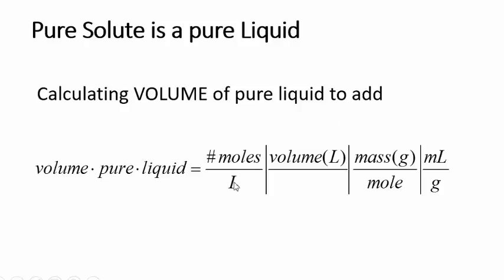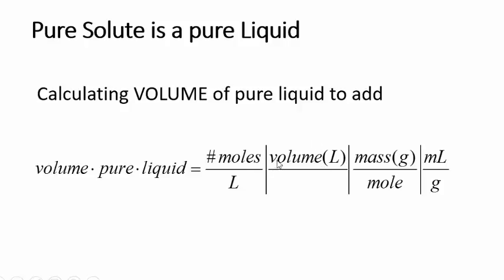Basically, the calculation looks very similar to those shown previously. First, we calculate the number of moles of that solute that exists in that volume of solution by multiplying its molarity by the volume. Then the next step is the same again.